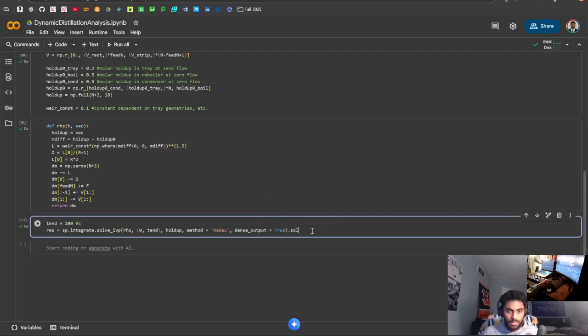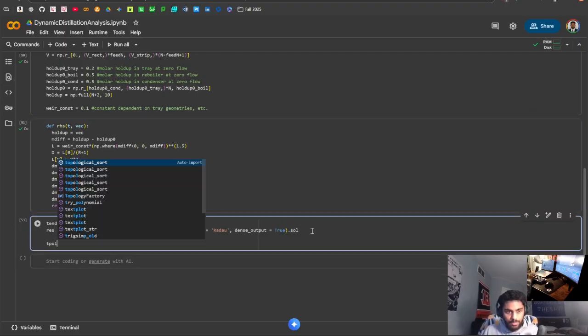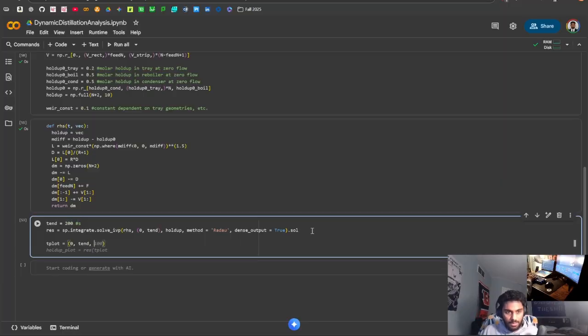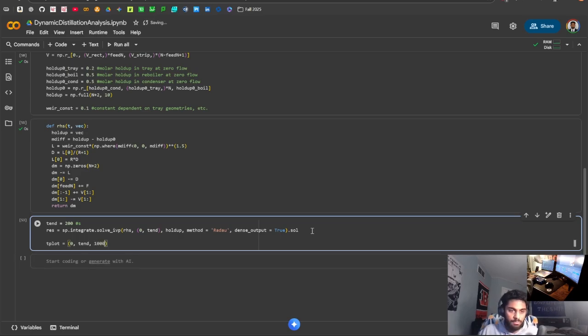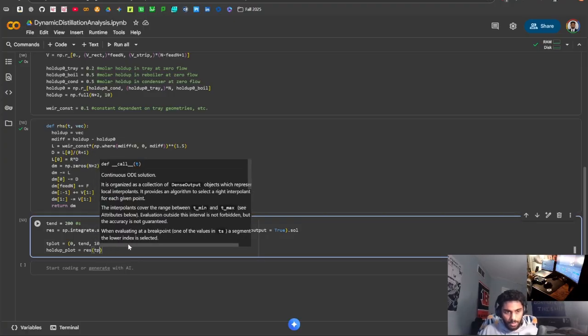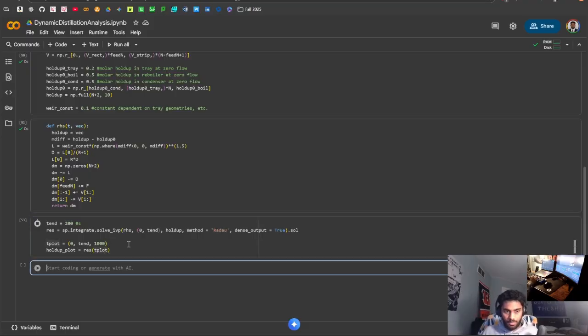What I'll do now is set up a t-plot, going from 0 to t end. Let's say, I don't know, 1,000 points. Then we'll do our holdup plot equals result's t-plot.